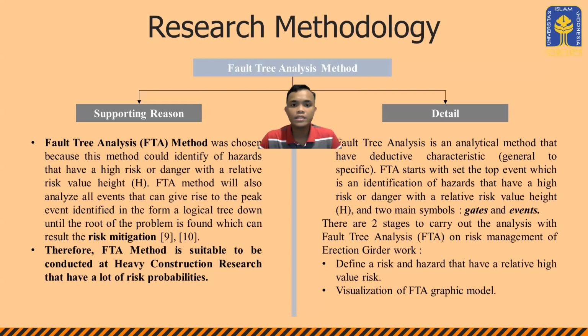For the research methodology, we use the FTA method. The supporting reason why I use the FTA method is, first, it was chosen because this method can identify hazards that have a high risk or danger with a high relative risk value, symbolized with the letter H. The FTA method will also analyze all events that can give rise to the peak event, identified in the form of a logical tree down until the root of the problem is found, which can result in risk mitigation, referring to references number 9 and 10.